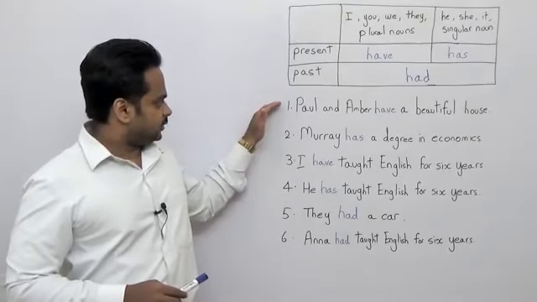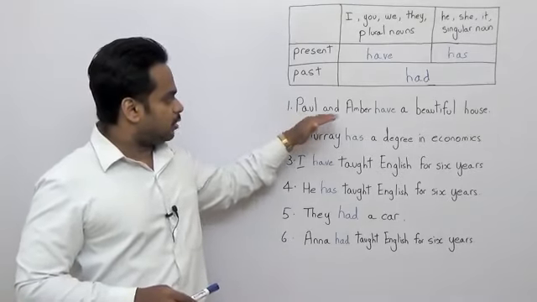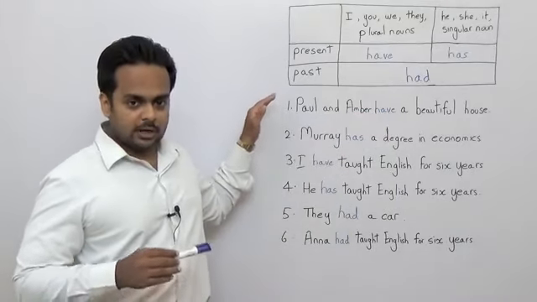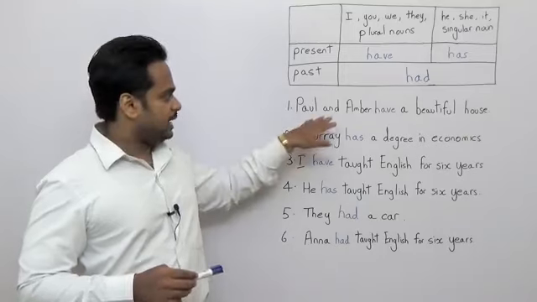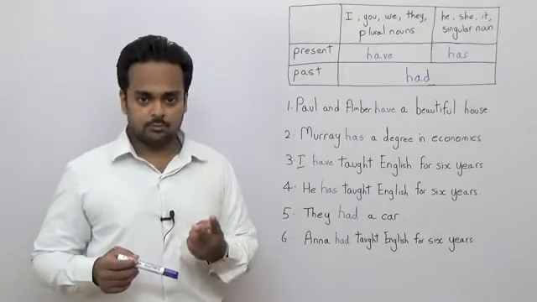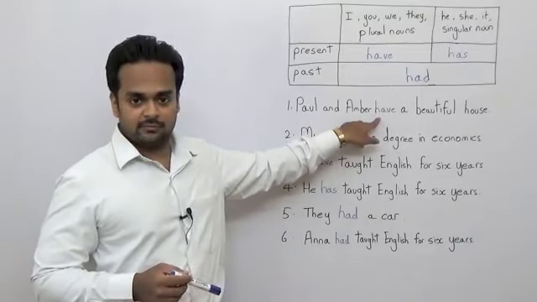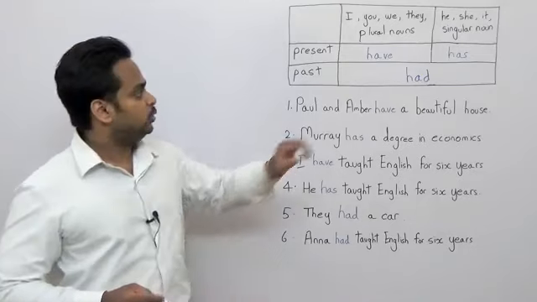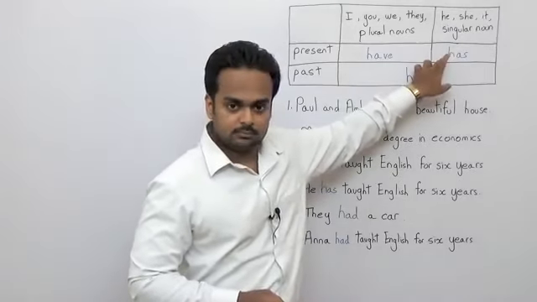So in this sentence, Paul and Amber have a beautiful house. This sentence is in the present tense, and here we have a plural because it's Paul and Amber, two people. So we're using have. Now, if this was only Paul, then we would use has.